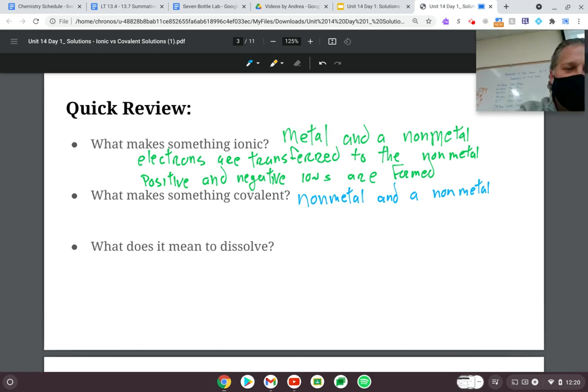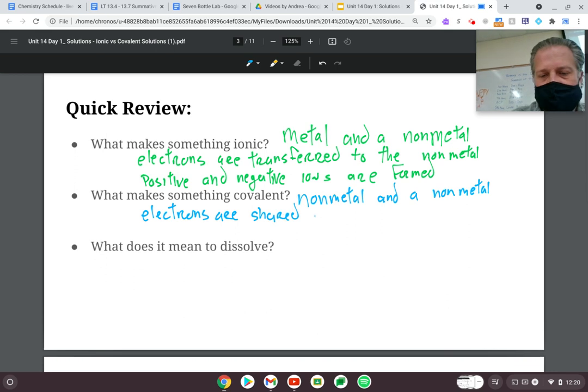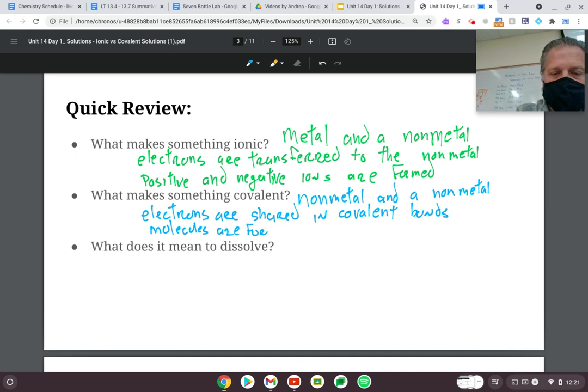Electrons are shared in covalent bonds, and molecules are formed that are polar or nonpolar.